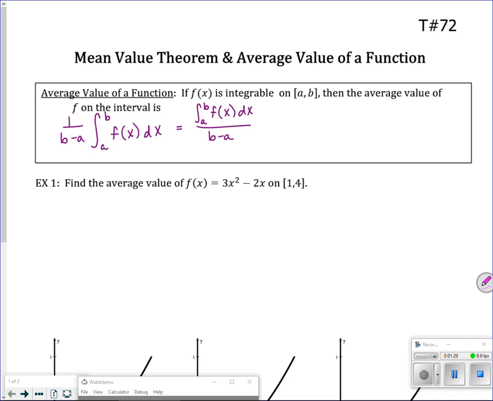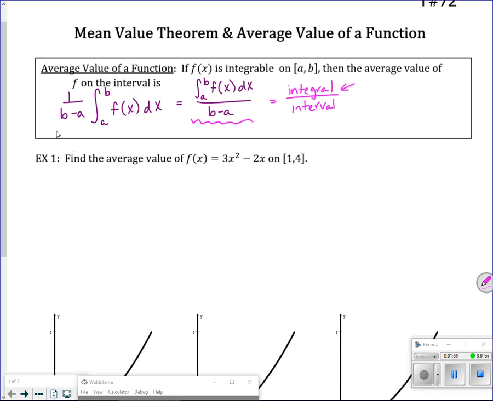So when I see the average value of a function, I think integral over interval. Now, if this is on the AP exam, friends, you can't just write this. You're going to have to actually write it out this way with the equation. But certainly integral divided by interval helps me remember what the formula is.